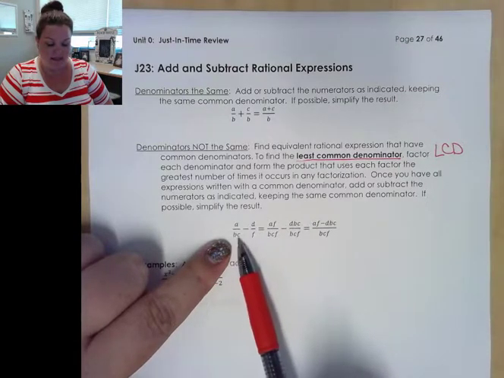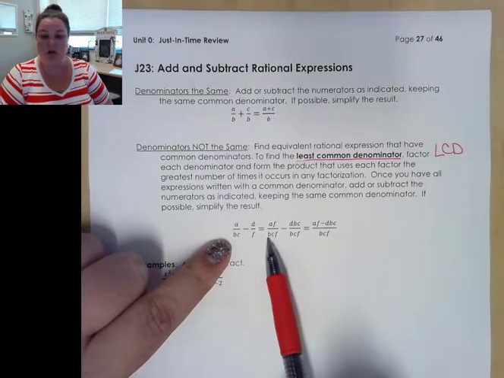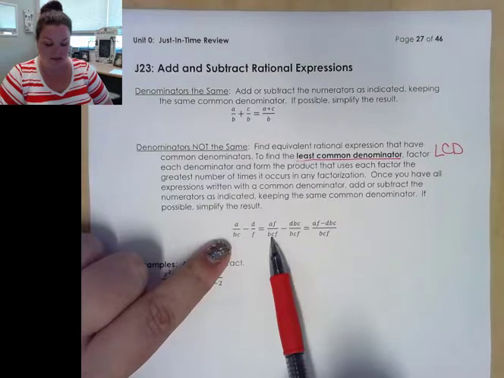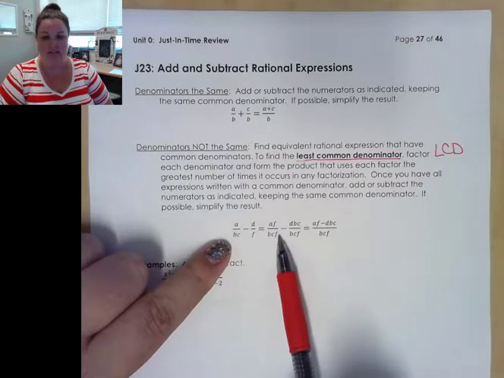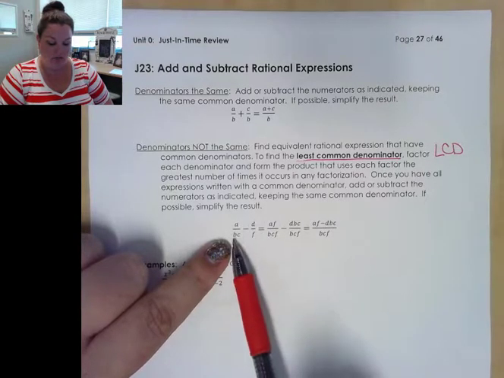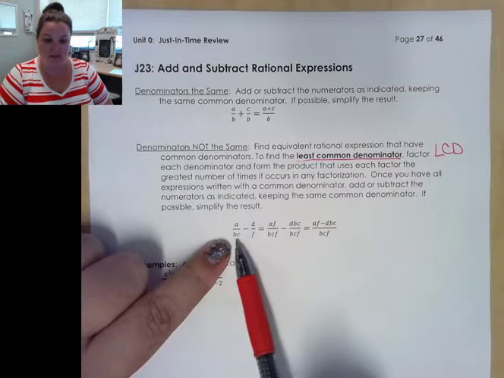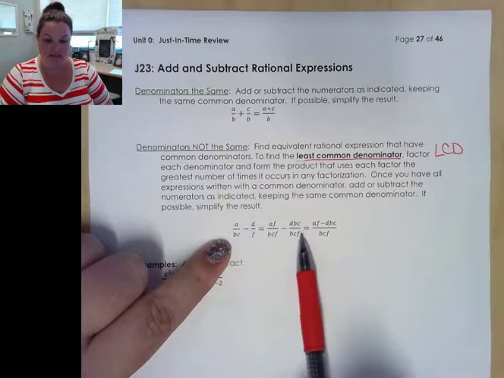So since this has b and c as factors, b and c need to be within our common denominator. Since this one has f as a factor, f also has to be part of our least common denominator. So we're first going to factor everything, and then we just build up each fraction so that it has that least common denominator.